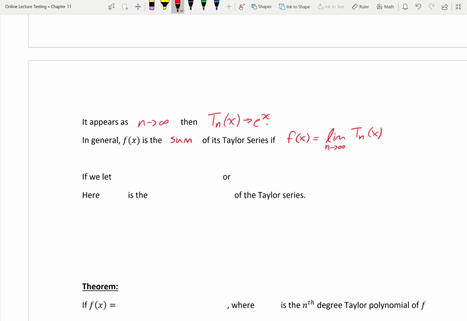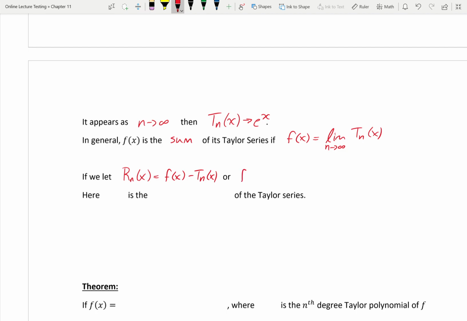So now we're going to talk about, okay, well, how do we know how close we are to this representation? Well, if we let r sub n of x, all right, well, great, we're introducing a new term. That's okay. Here, I'm going to say it's f of x minus the Taylor polynomial. So this is the remainder, okay?